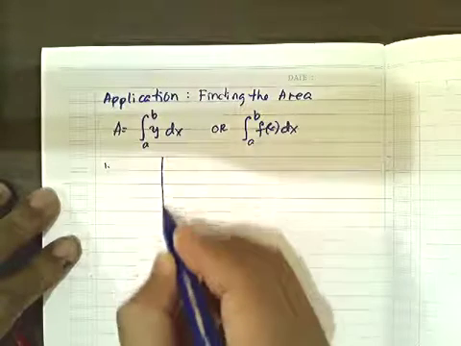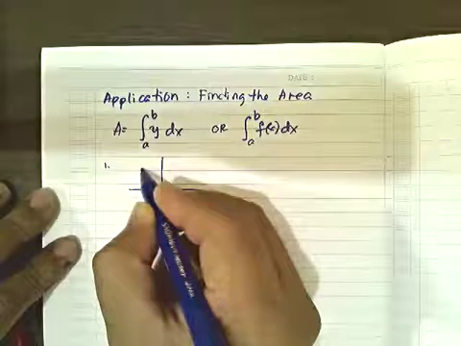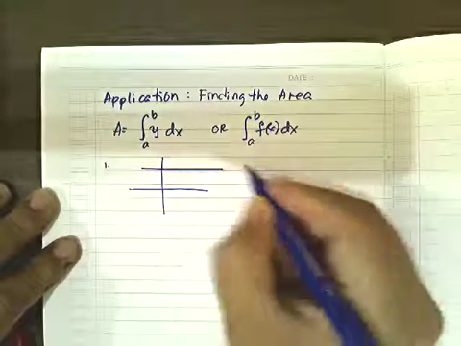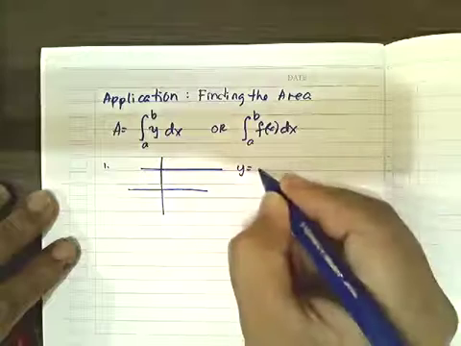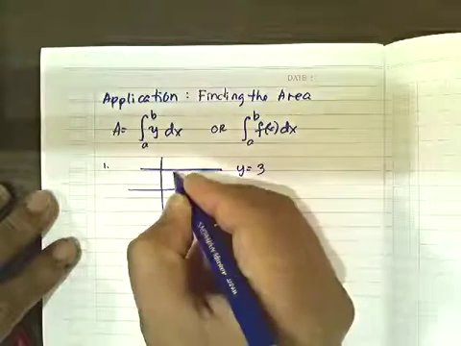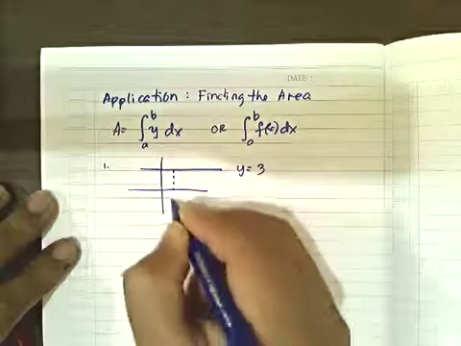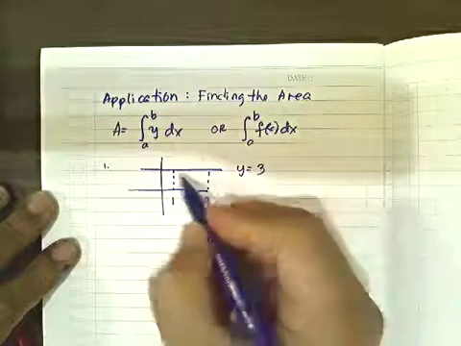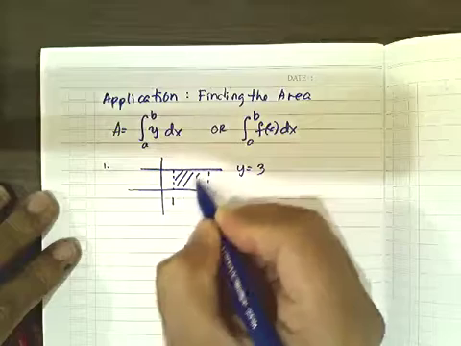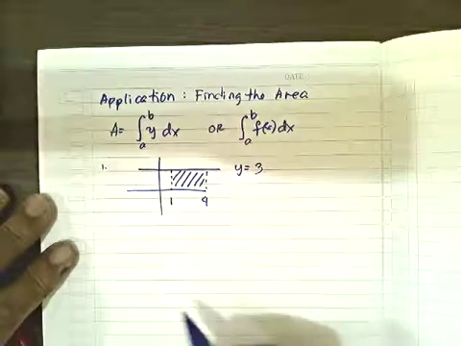Let's say that I have here my Cartesian plane, and this one here is my line. Y is equal to, let's say, y is equal to 3. And then I want to find the area from 1 to 4. So I want to find the area of the shaded region.